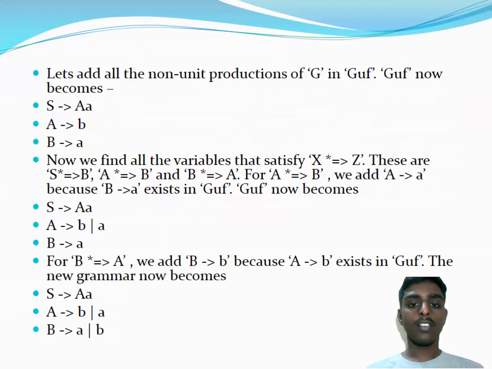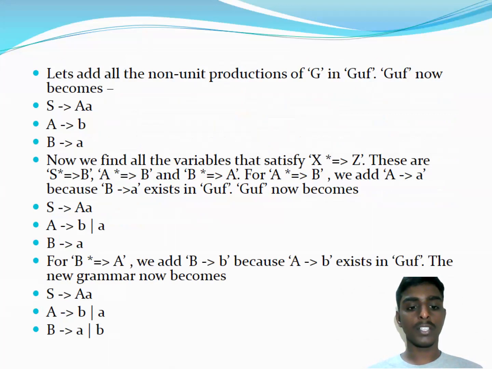Let's add all the non-unit productions to G'. Now it becomes this. Now we find all the variables that satisfy the condition for A, B, C, and D. We add because B exists in G'. For B tends to A, we add B tends to B because A tends to B exists in G'.